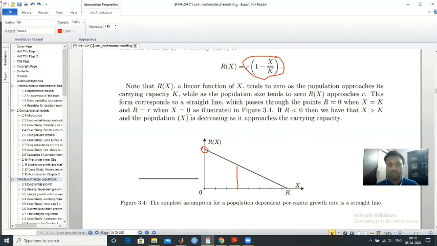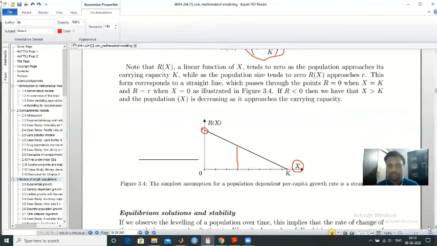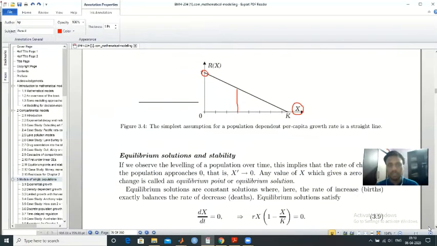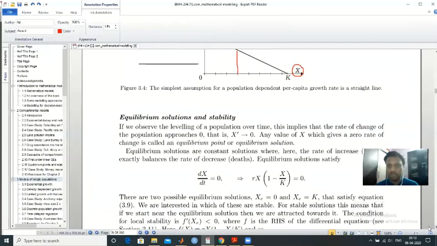The rate is 0 when the population in the compartment is K, and the rate is R when the population in the compartment is 0. That's the original one. That's clear. So equilibrium solution and stability we will discuss in the next class.